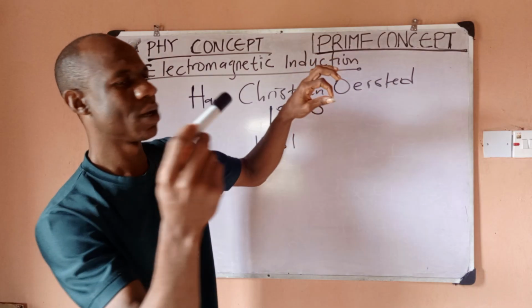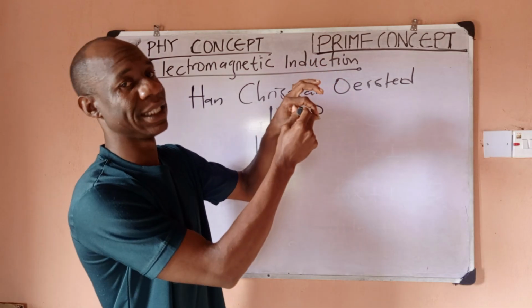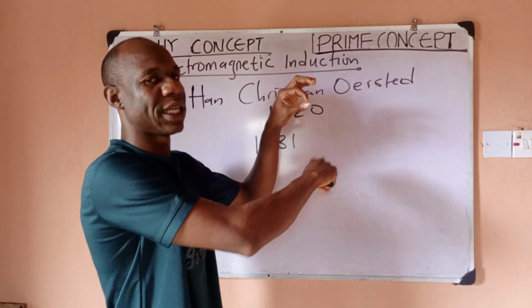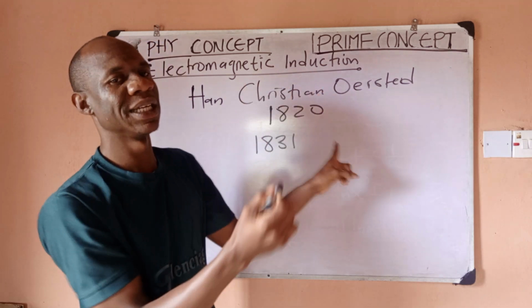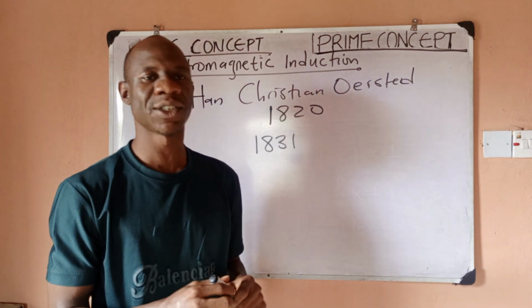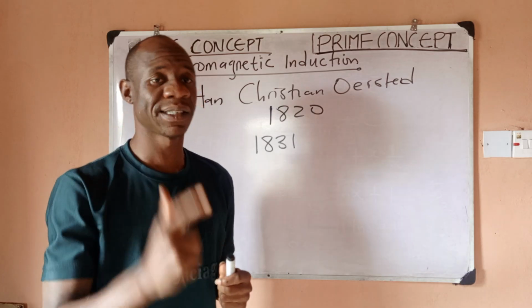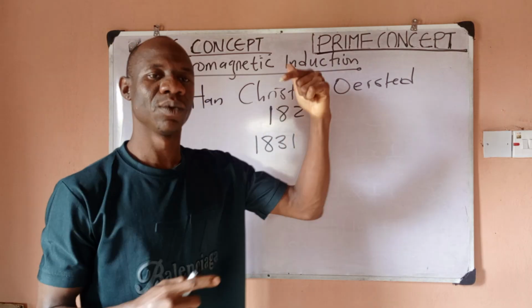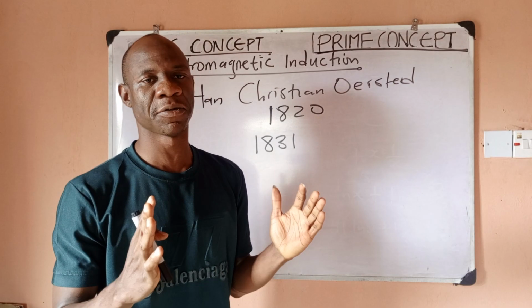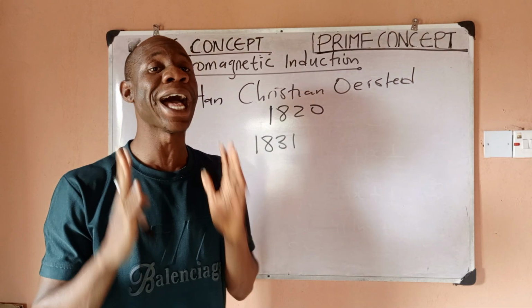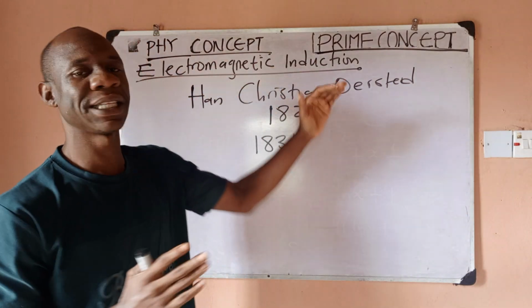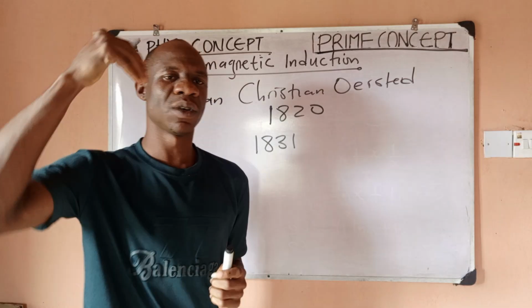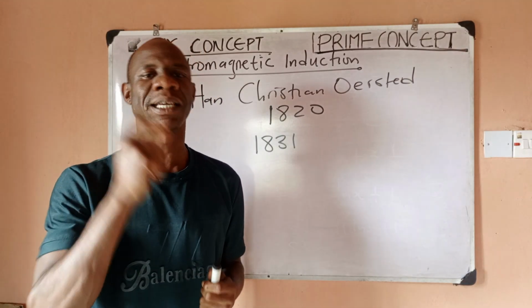He noticed that when he moved the magnet in, the galvanometer deflected. When he brought the magnet out, it deflected in the opposite direction. Quickly he noticed that a changing magnetic field would induce EMF. This is the concept of electromagnetic induction, which was founded by Michael Faraday.